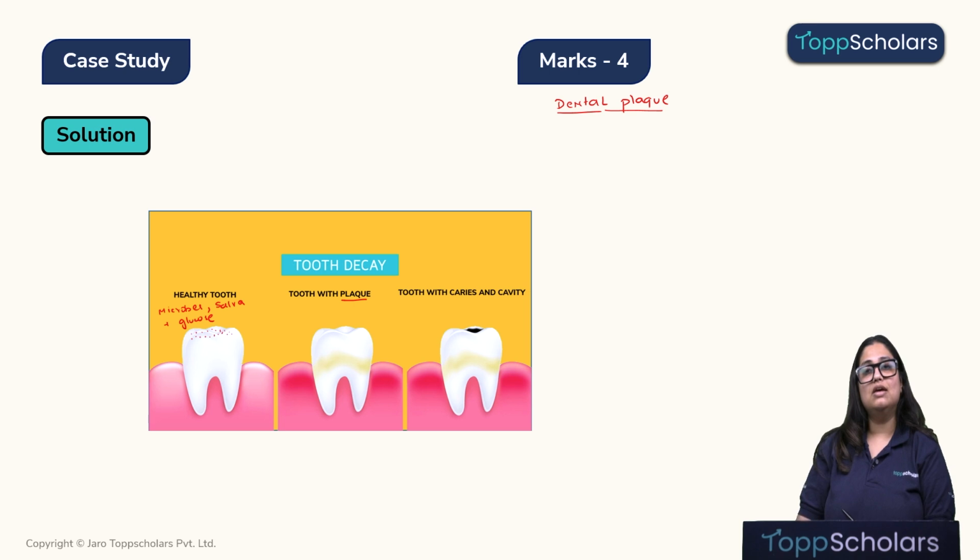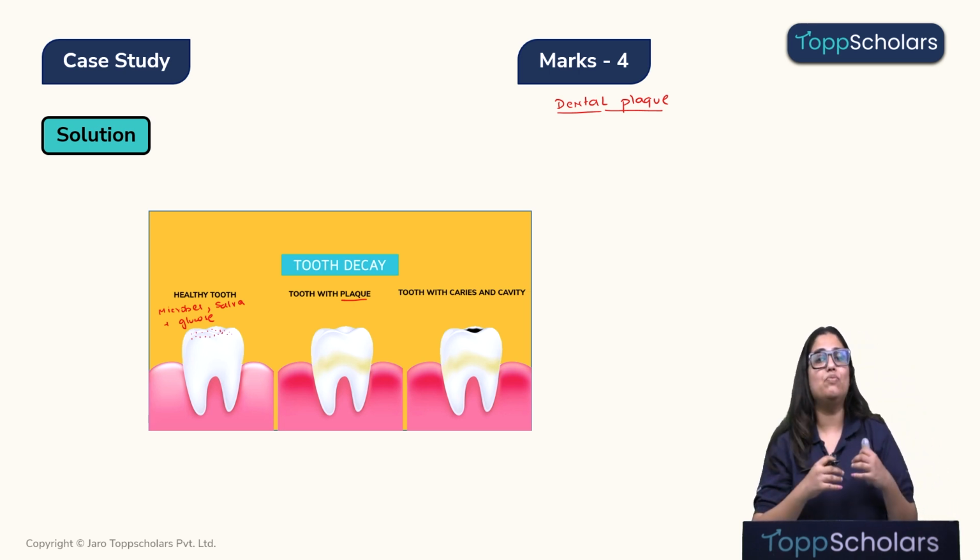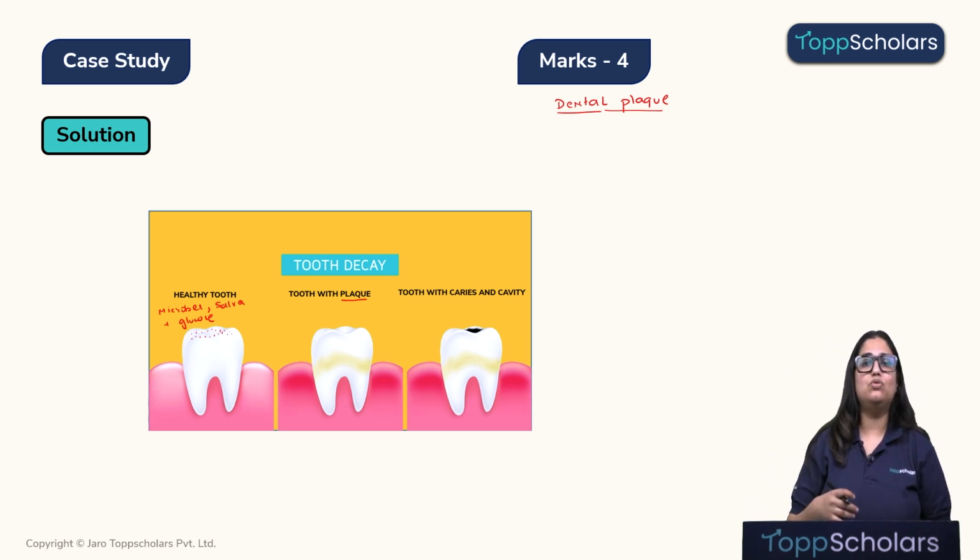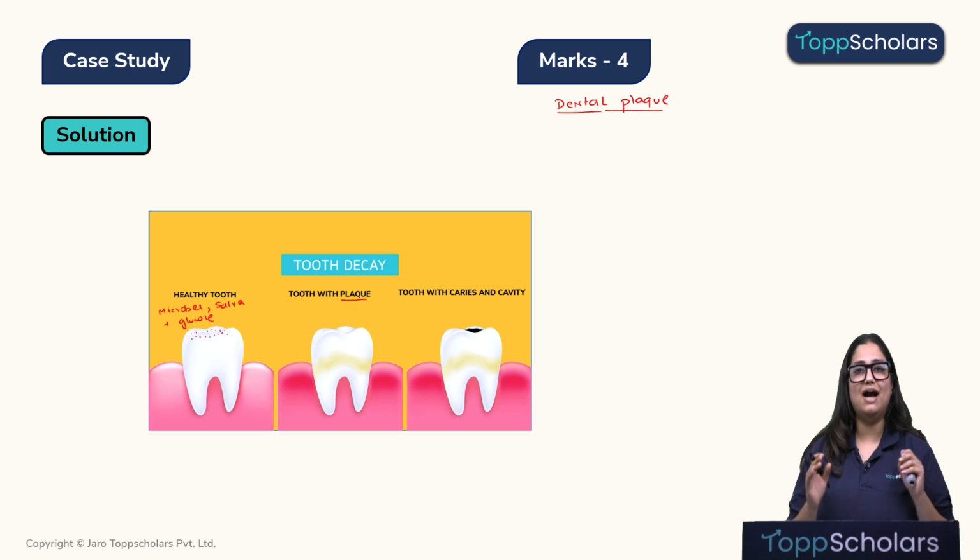Alright, children. Now, what happens is that when we eat food and we do not gargle after eating, or we do not brush properly twice a day, or we do not floss, we don't do any of those dental hygiene practices that one must do. In this case, whatever food we eat gets stuck to the tooth.